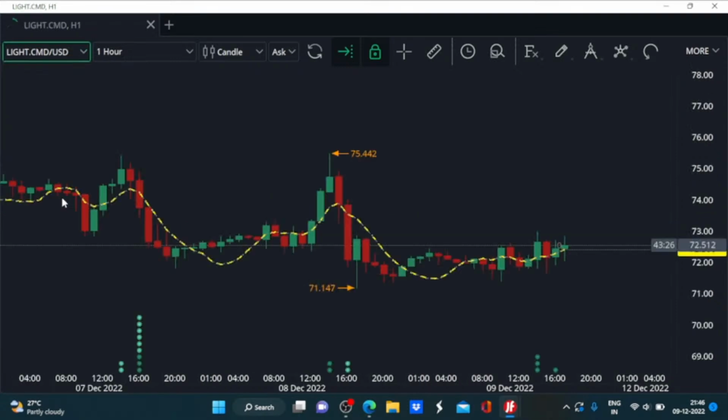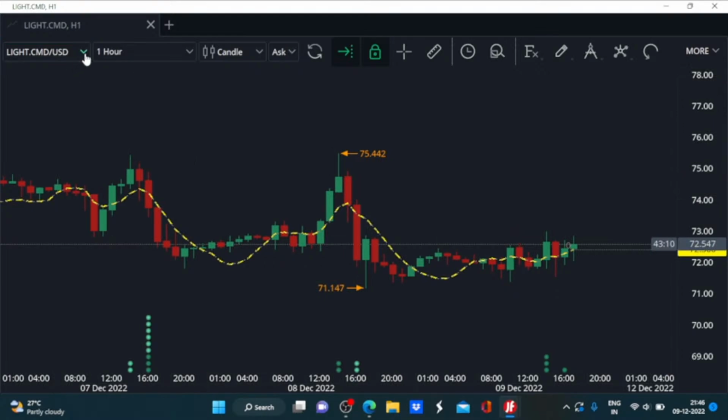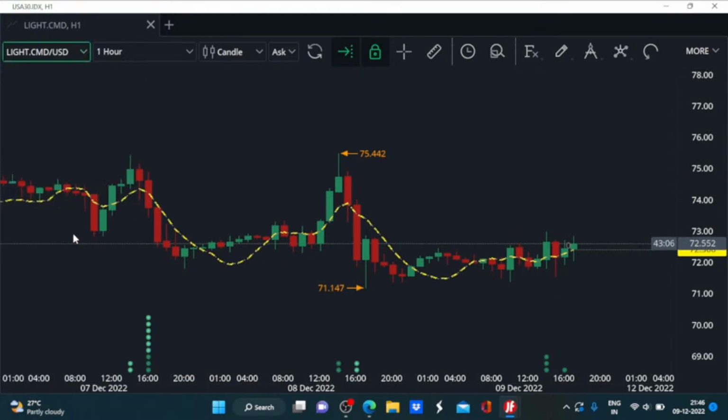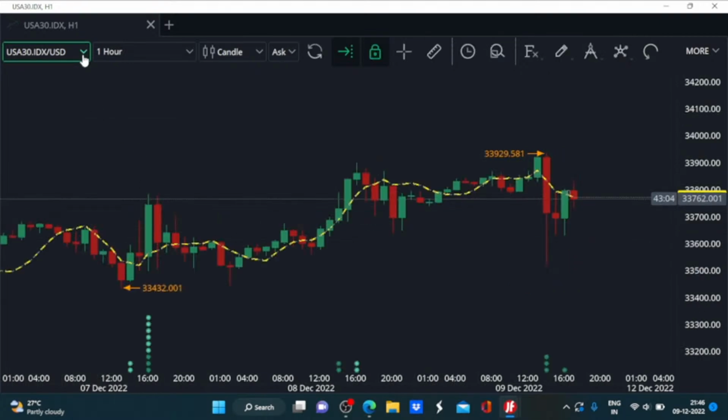For example, if you go into the commodity section and add the light crude oil to the chart, you will have this indicator then giving you the idea of the trend using the concept of linear regression. So this indicator, as I said, is going to work with almost all of the instruments available on the platform. Okay.